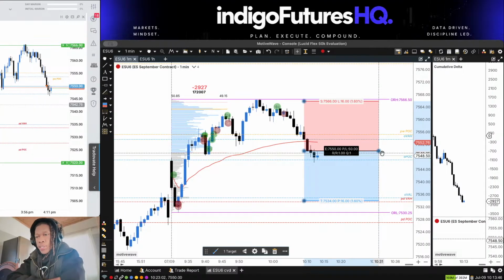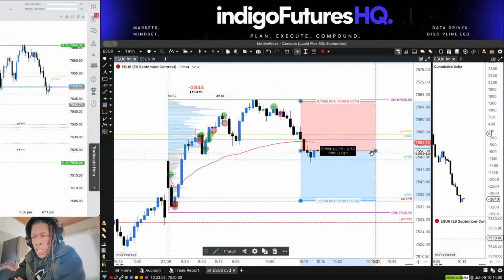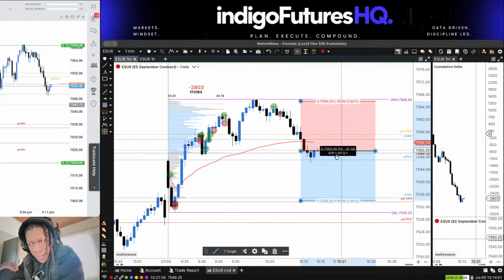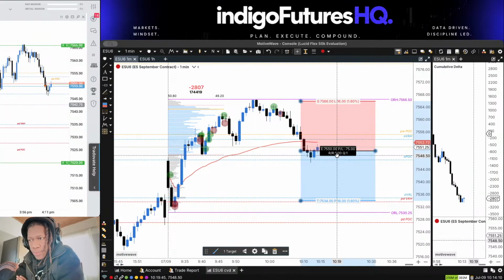So yeah, this is that value area low. If we break back inside the value, then we're going to see the rotation back up. But value area low is 548. Okay, that's VWAP.